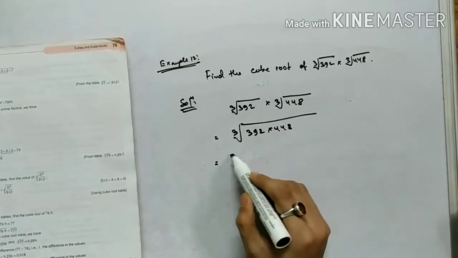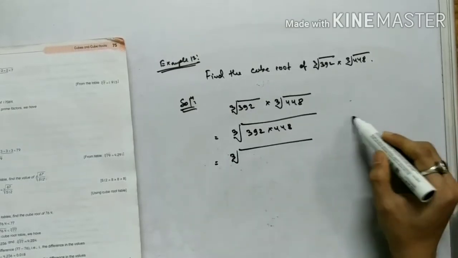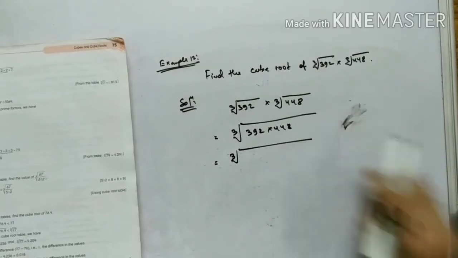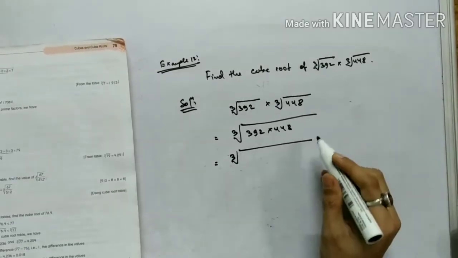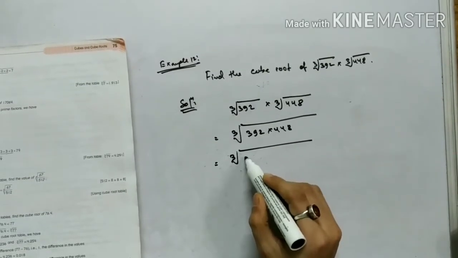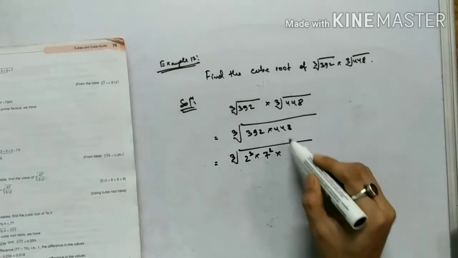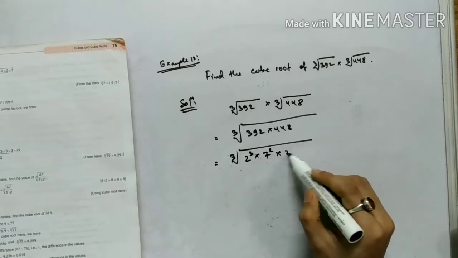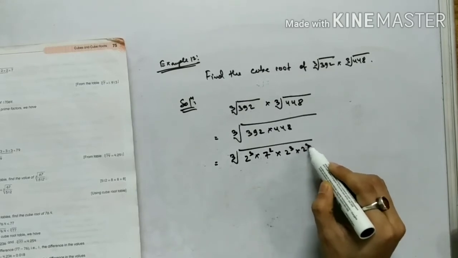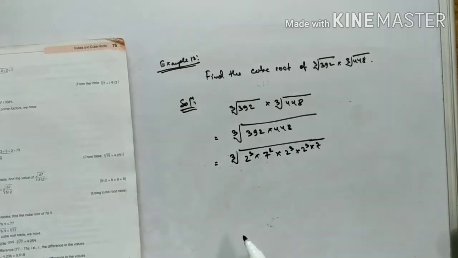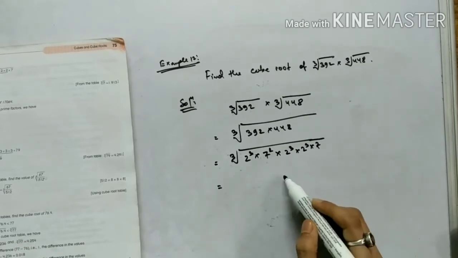The prime factorization of 392 we have already done. We got 2 cube into 7 square, and this one we got 2 cube into 2 cube into 7.